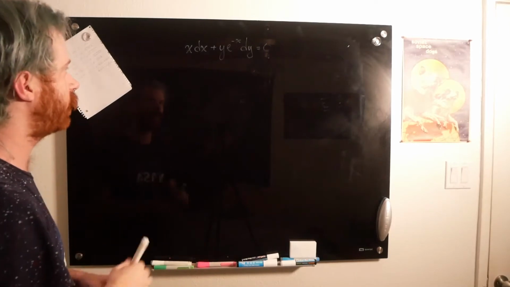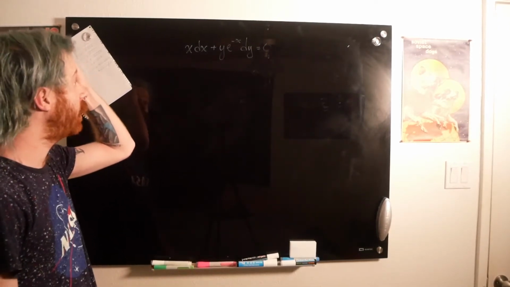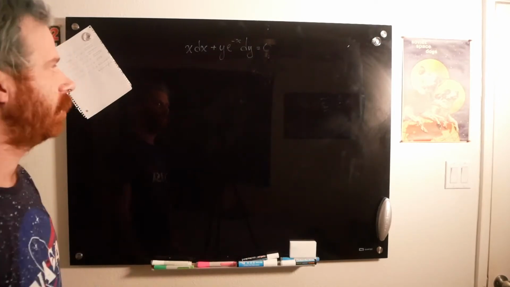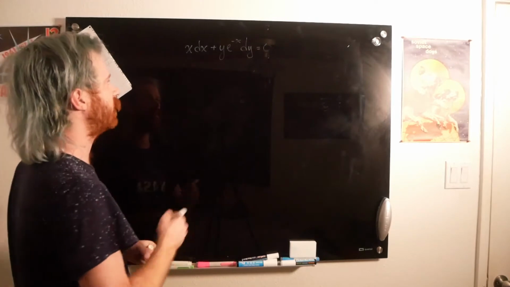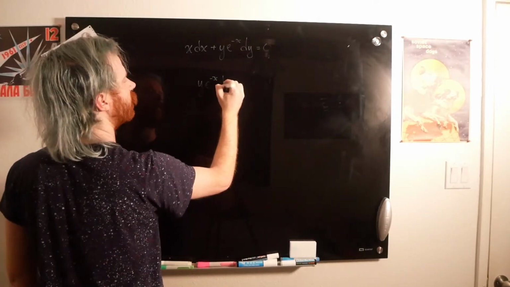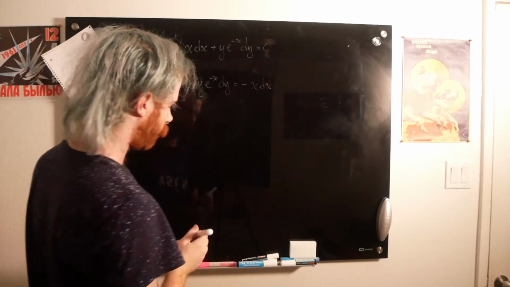So it's already split up. We don't have a dy over dx or y prime or anything. So let's subtract this x dx to the other side. So we're left with y e to the negative x dy equals negative x dx.